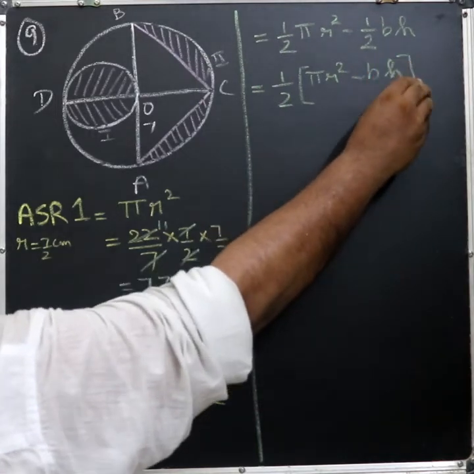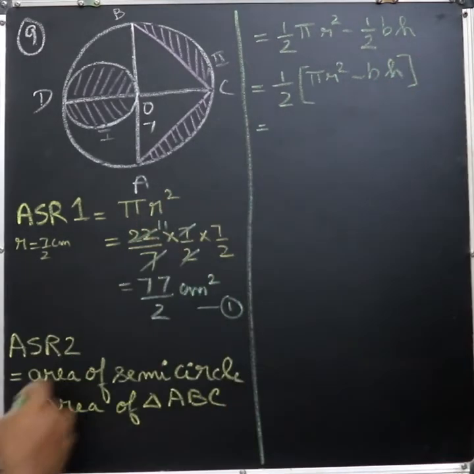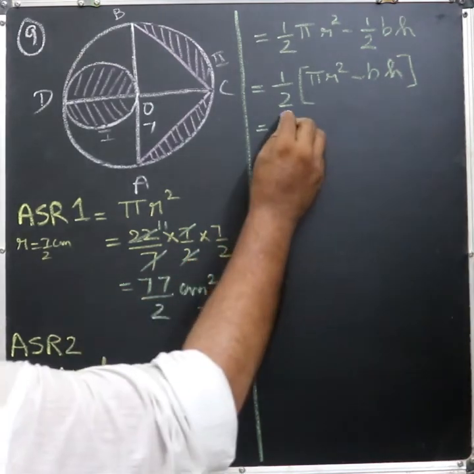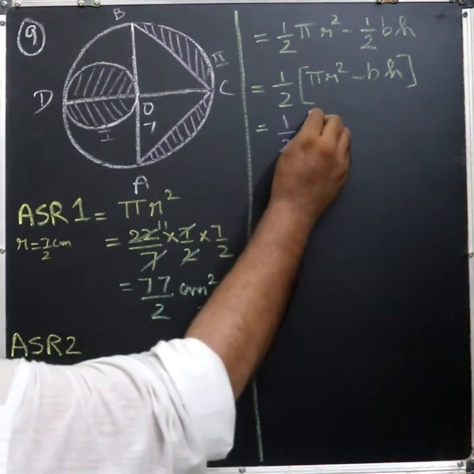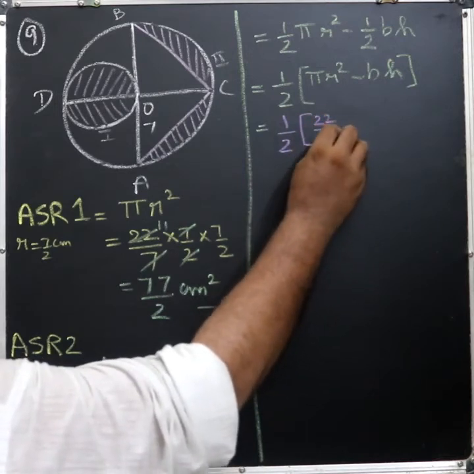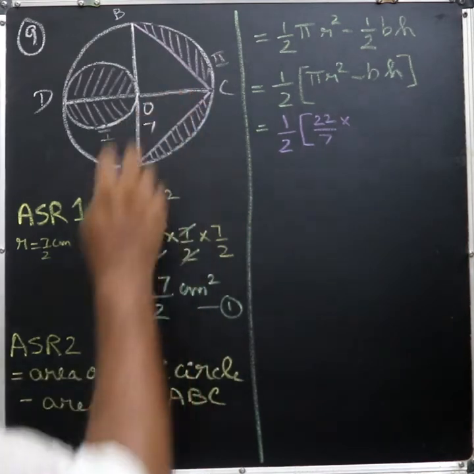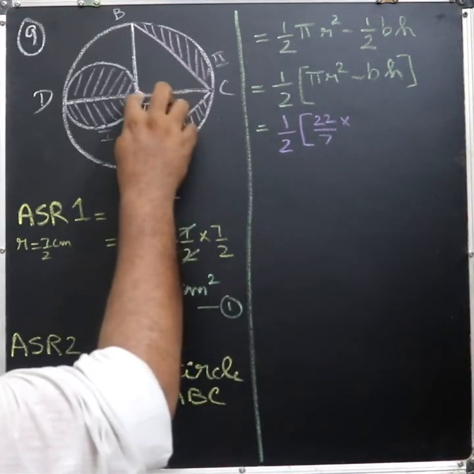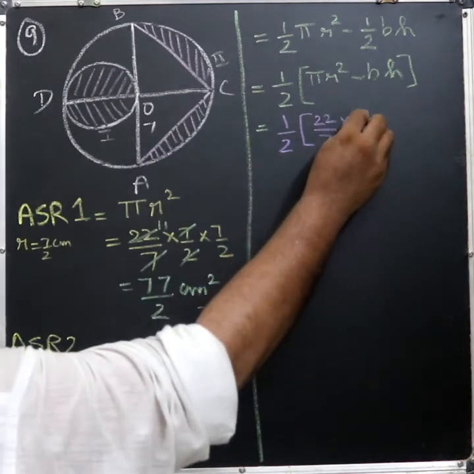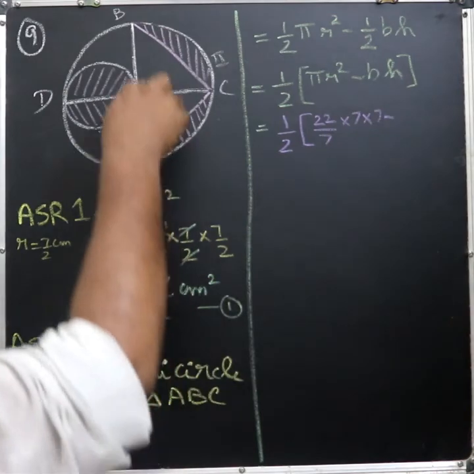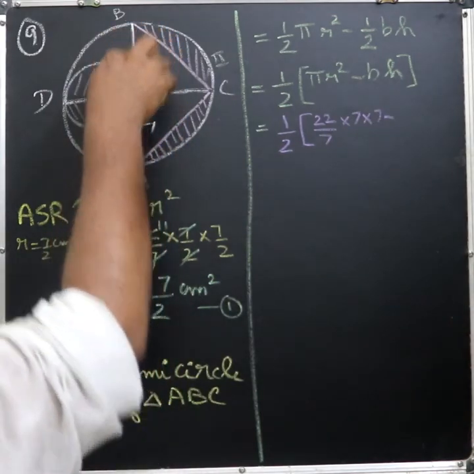Now we will substitute the values. When you substitute the values, you are going to have half into pi value, 22 by 7. The radius of this semicircle is 7, so 7 into 7 minus, this is the base of the triangle.